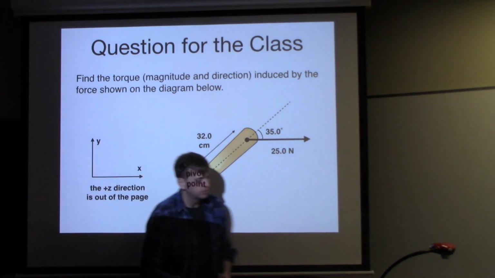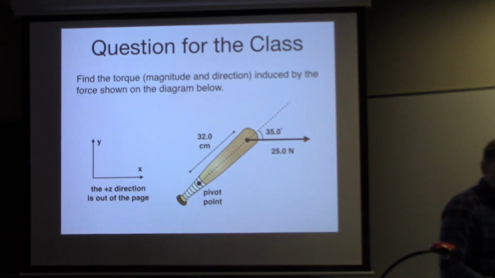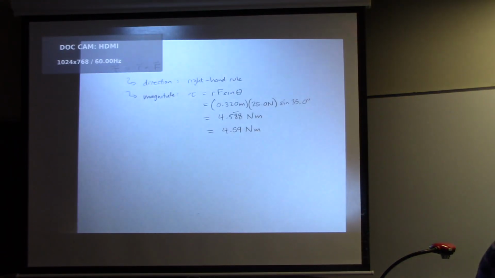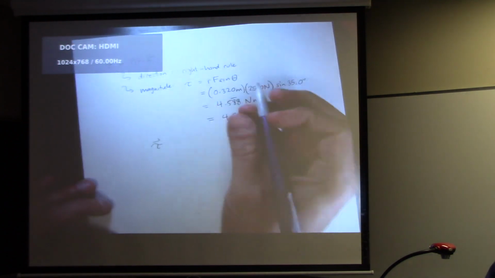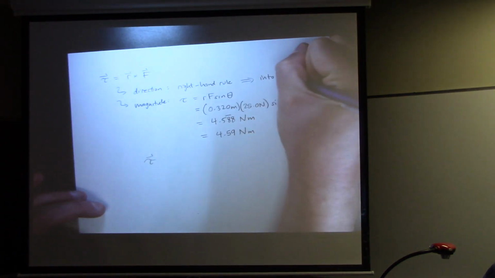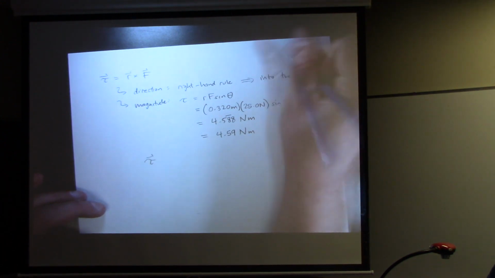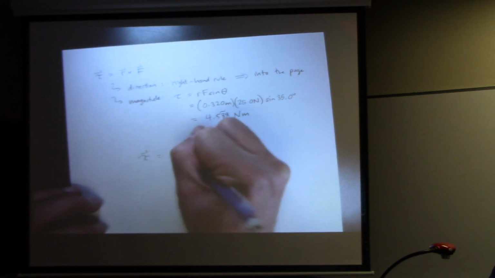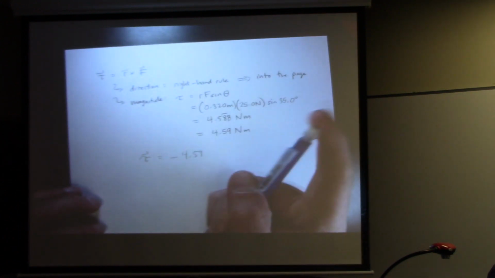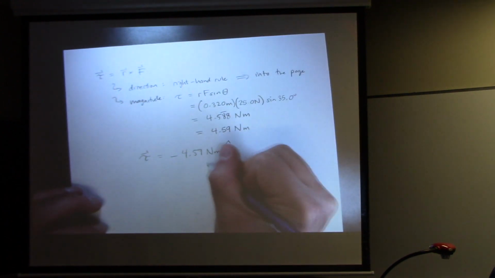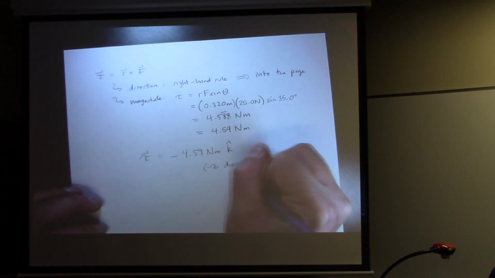So the answer we'd write down, as a vector, since we found the torque is into the page, is minus 4.59 newton meters k hat, just indicating the negative Z direction.